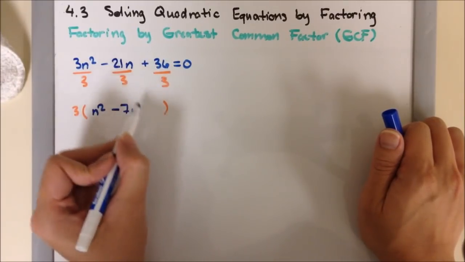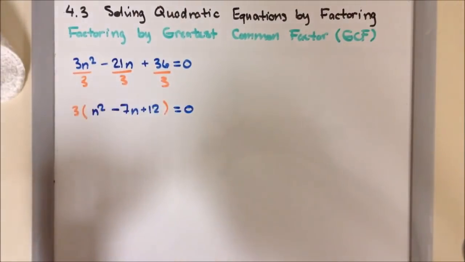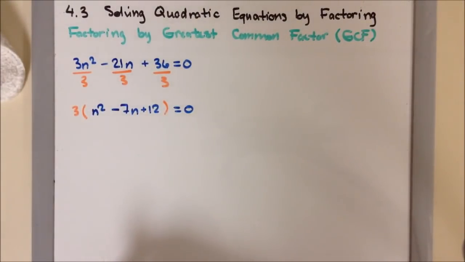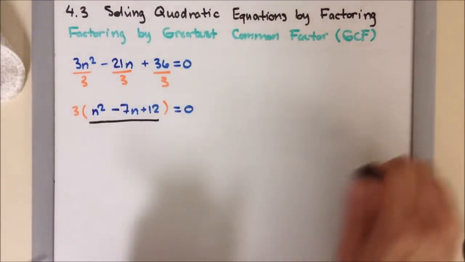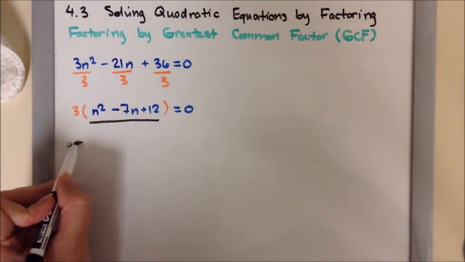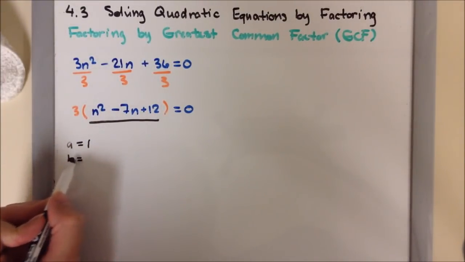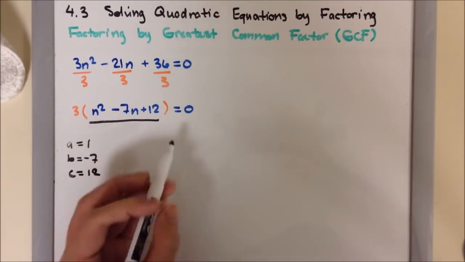Positive 36 divided by 3 will be plus 12 equal to 0. Then I'm going to factor n squared minus 7n plus 12. So my A is 1, my B is negative 7, my C is positive 12.